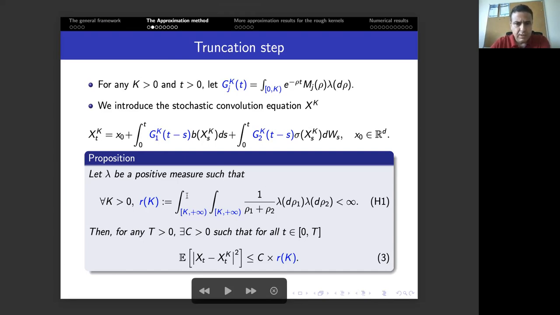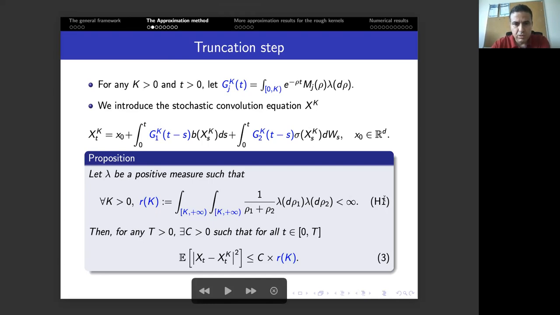And the first result, due to this truncation step, is the following. If we assume that lambda is a positive measure, such that this quantity R of k, where k is our truncation constant, which is the double integral on the remaining term, k to plus infinity, of 1 over rho 1 plus rho 2 of lambda d rho 1, lambda d rho 2, is finite, so this is called our assumption H1.